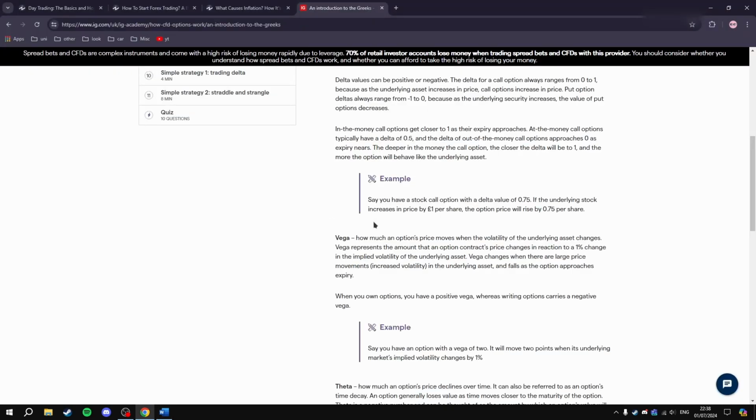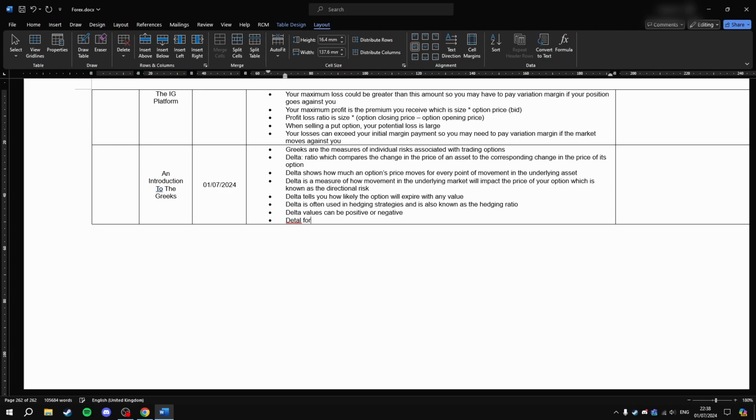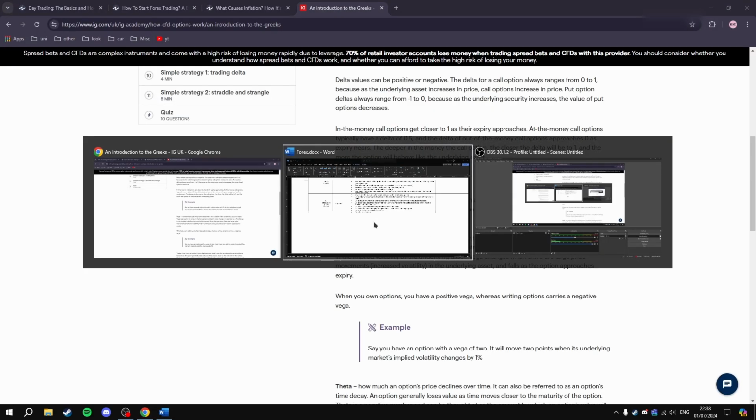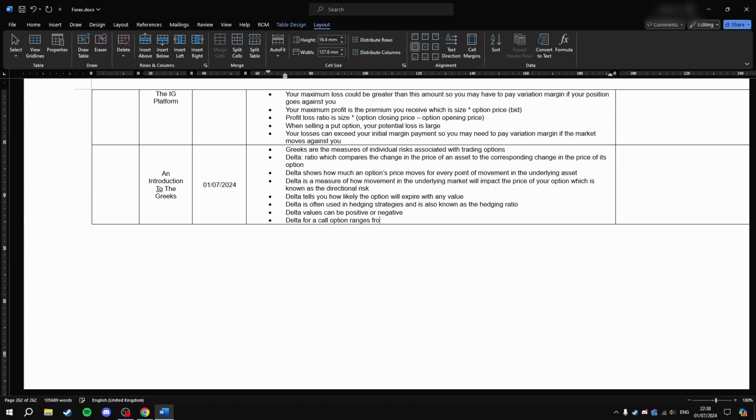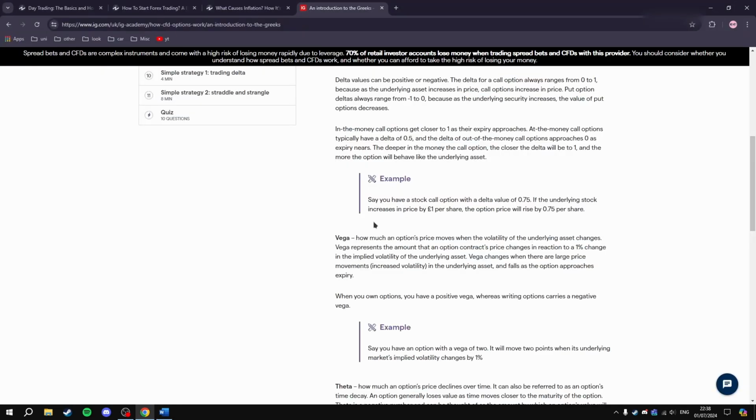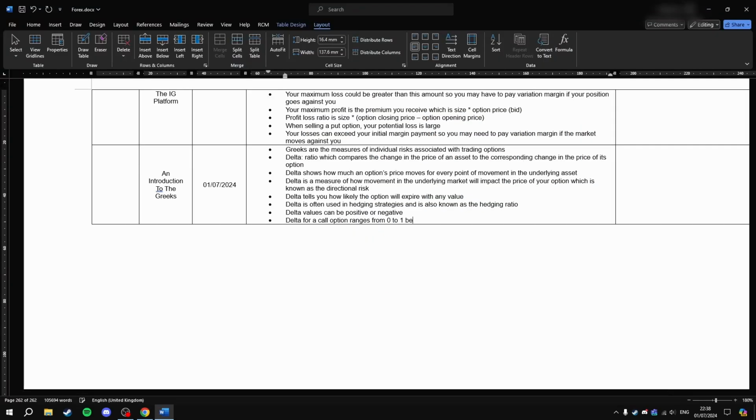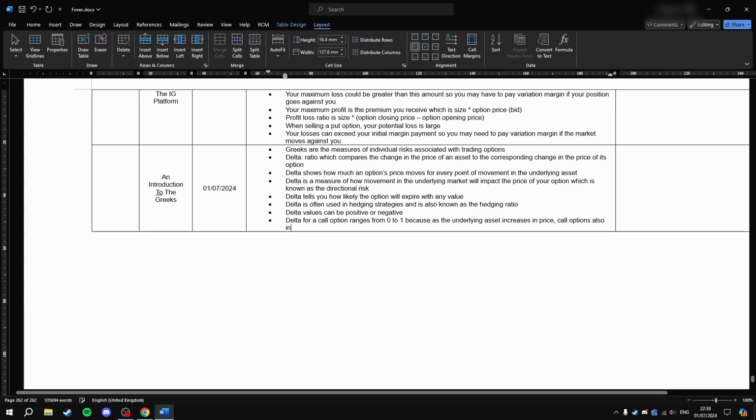Delta for a call option ranges from 0 to 1, because as the underlying asset increases in price, call options also increase in price.